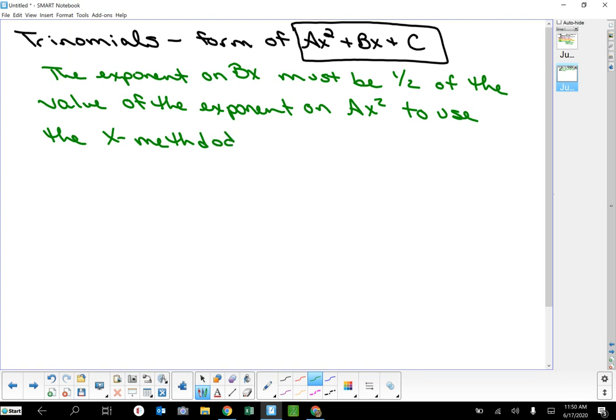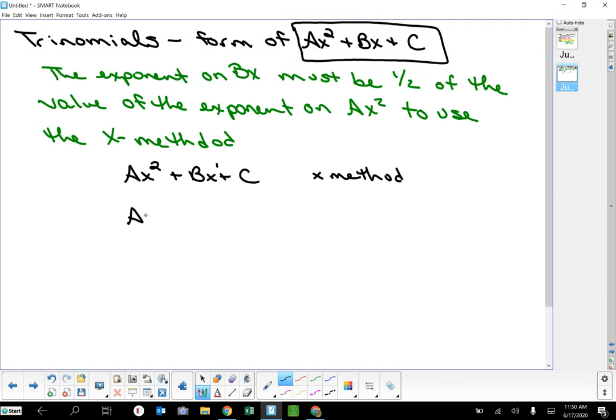Here's what I mean by that. You might see something in the form ax squared plus bx plus c. The exponent on the bx is 1, and 1 is half of 2, the exponent on the ax squared term. So this you could use X method.